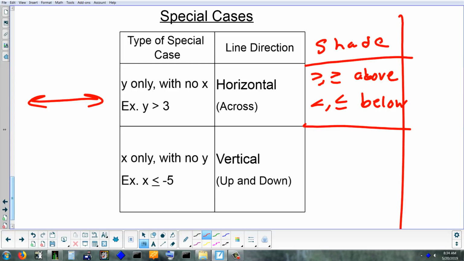Vertical. Vertical is up and down. Do you have an above and a below when it's vertical? What do you have instead of above and below? You have a left and a right. Okay? This one's simple. You just shade the way that it points.